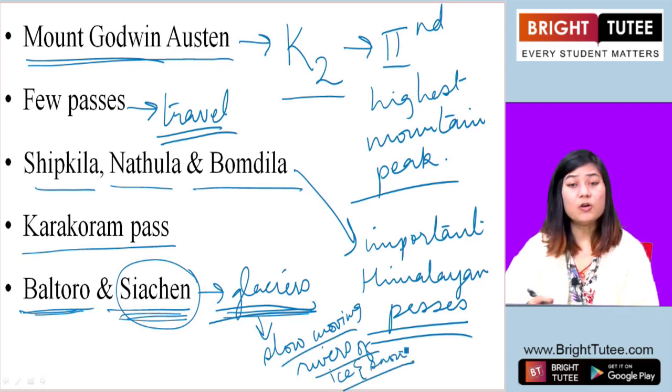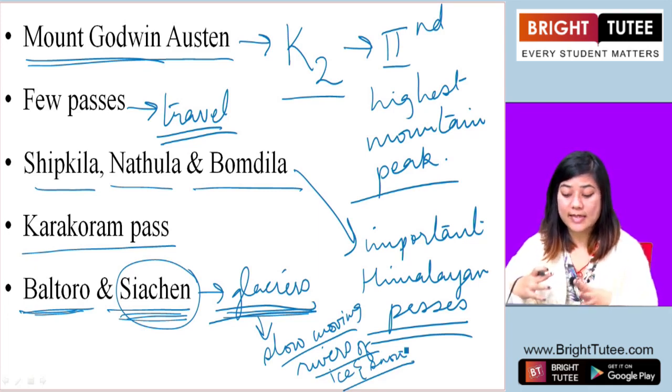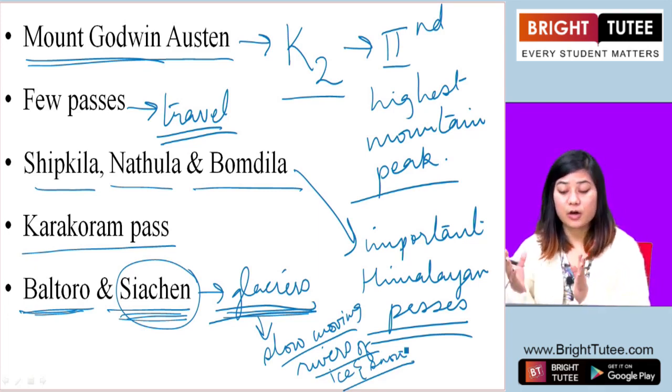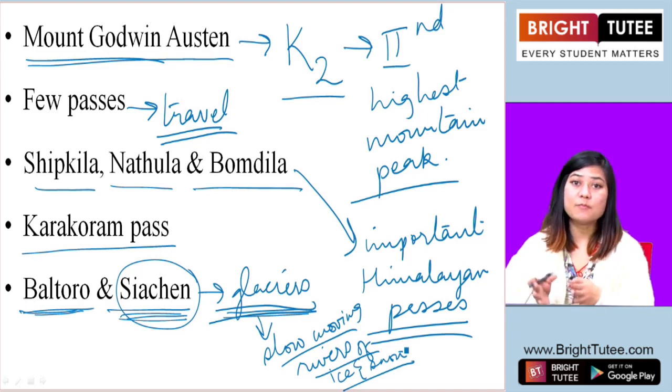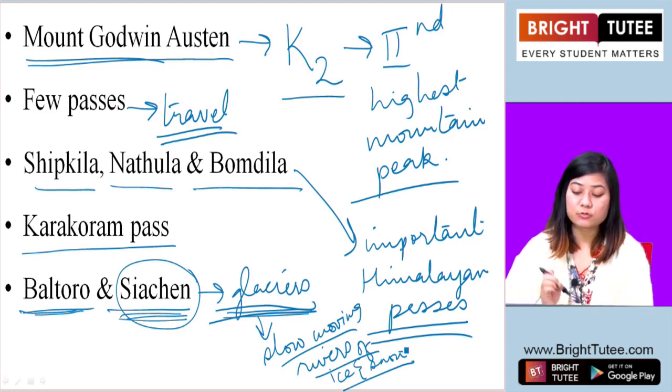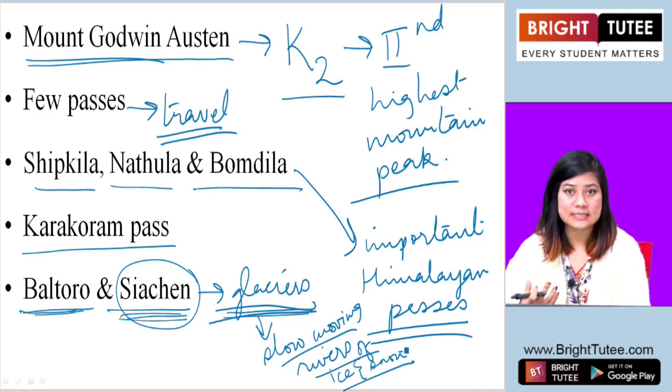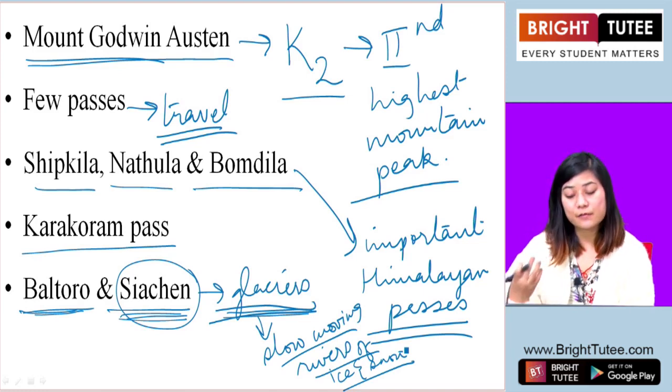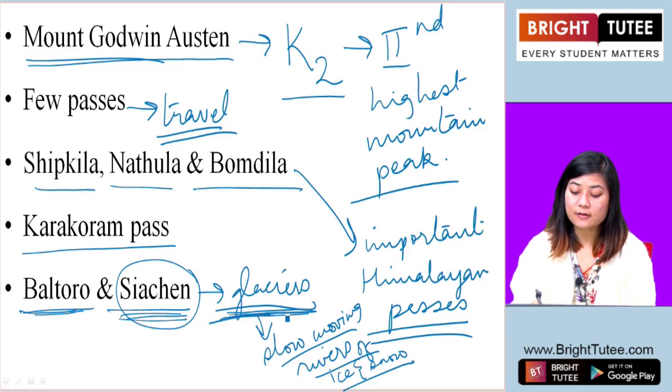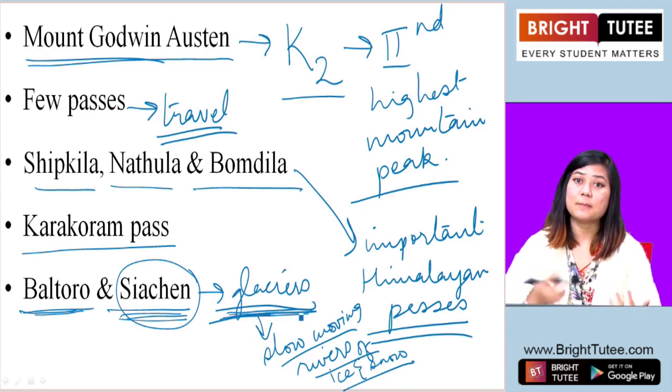The ice is turned into a river form and they move, but the movement is so slow that we can barely see it, we can barely feel it, but they keep moving. Okay, so they are called glaciers. They are found in the Himalayas, they are found in the mountain ranges.